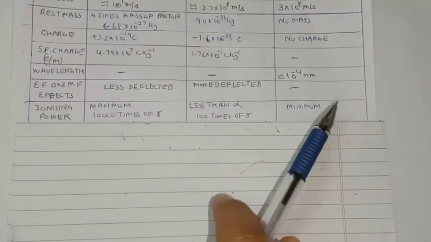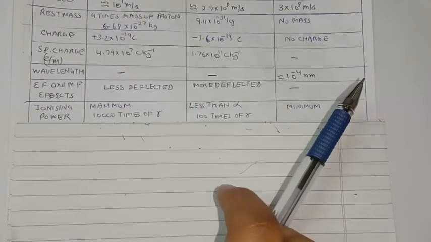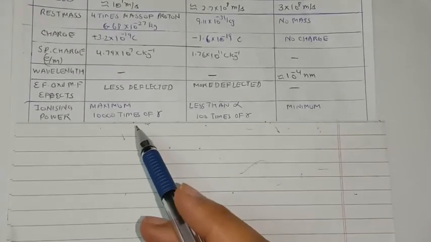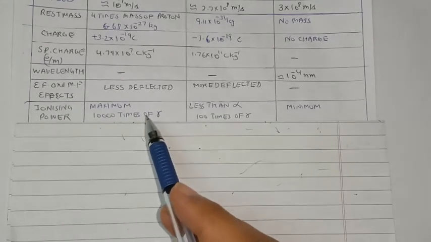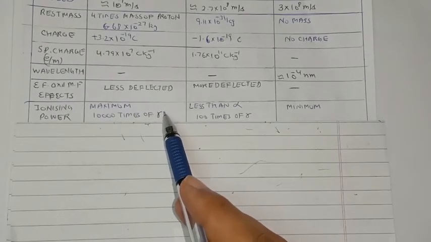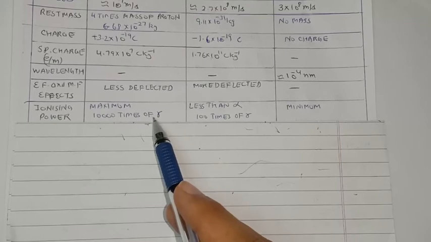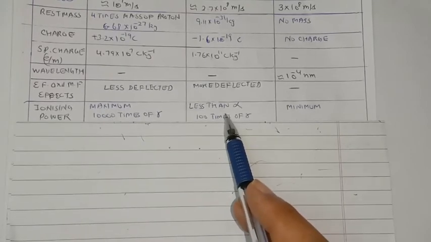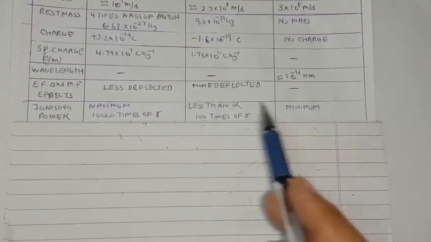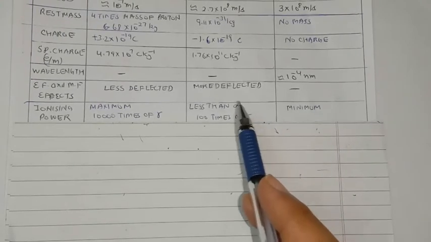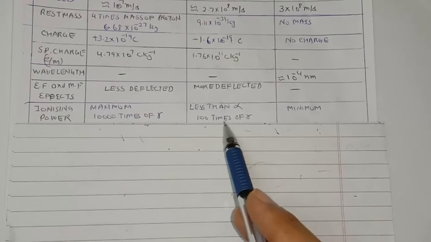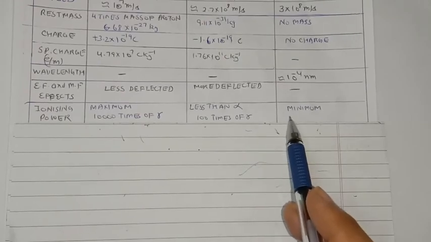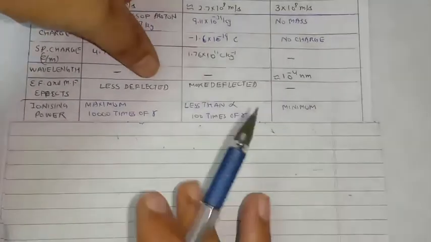The ability of a radiation or a particle to cause the ionization of another particle is called its ionizing power. It is maximum for alpha radiation, which is 10,000 times that of gamma. It is less for beta than alpha, but more than gamma, 100 times that of gamma. It is minimum for gamma radiation.